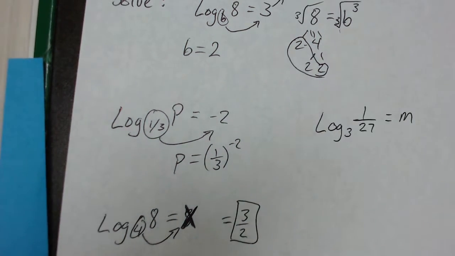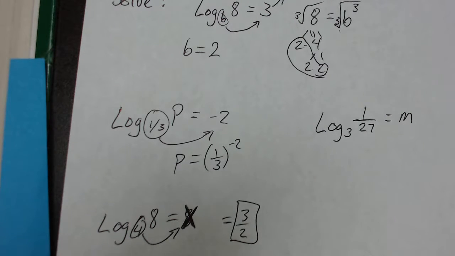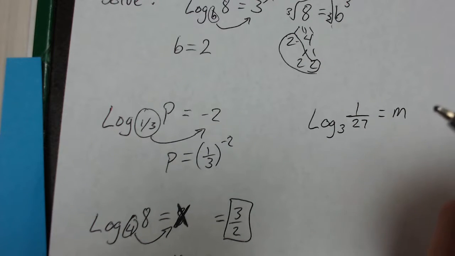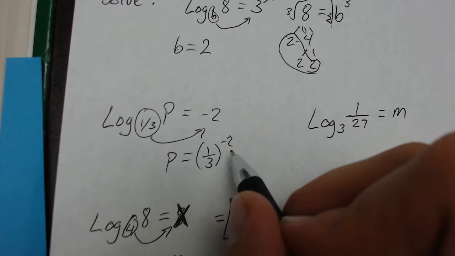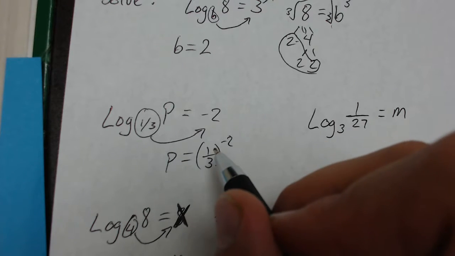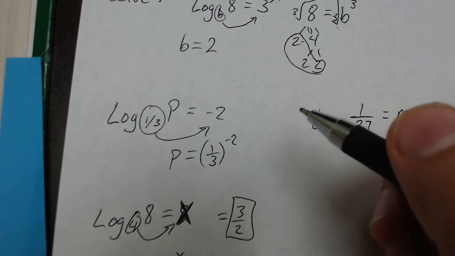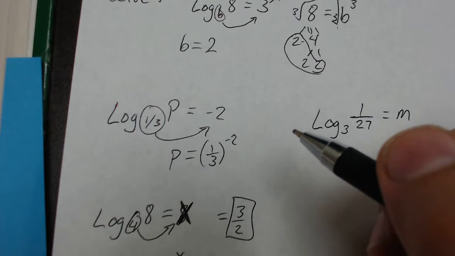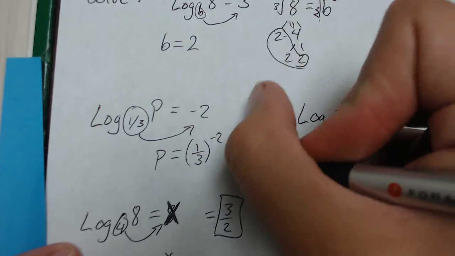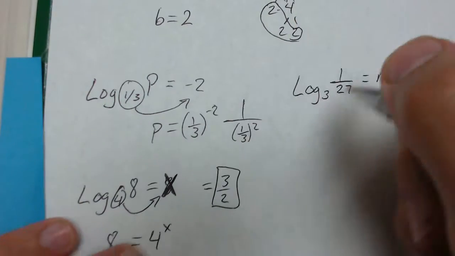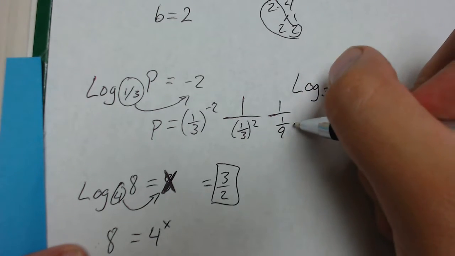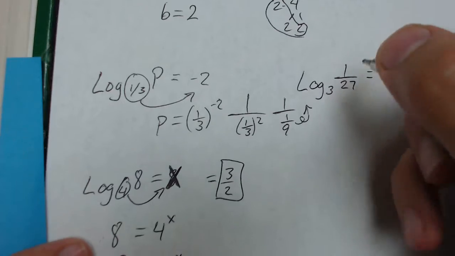Now, to make that a positive exponent, we're first going to distribute this exponent into the fraction because it gets a little weird that way. It's hard to look at, and then you're not sure what to do when you bring it up to the top of the fraction or move it to the bottom. So we can make this 1 over 3 squared, and then that becomes 1 over 9, and then we can do the loop-de-loop, and then it just becomes 9.